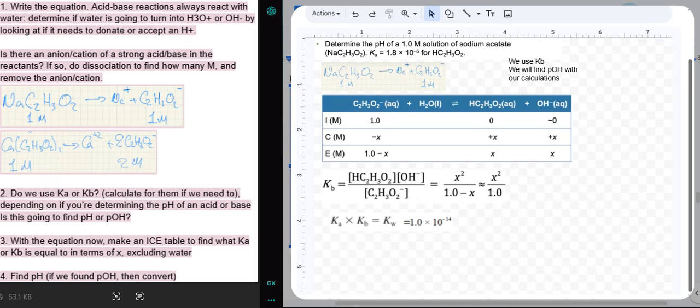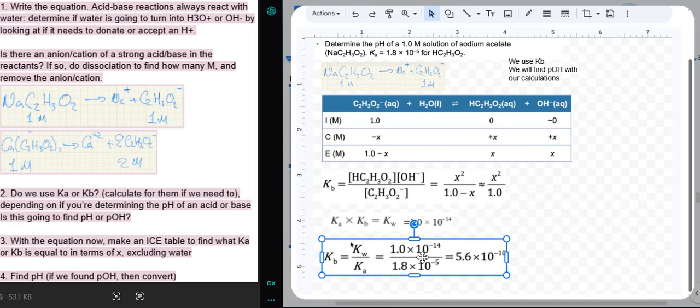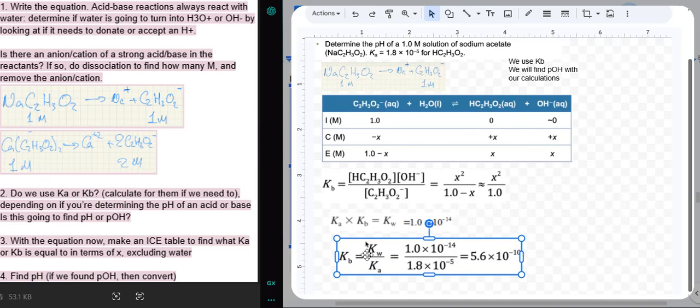So using that, we can rearrange this equation to Kb equals Kw over Ka. So we can rearrange this to that, and then plug in the values.